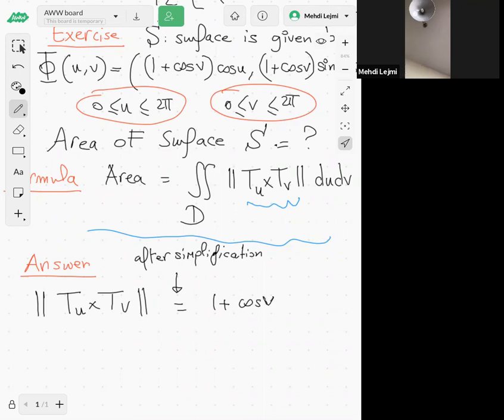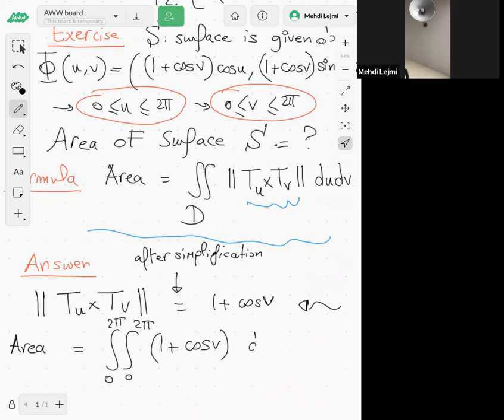I don't know if you guys got this answer, or probably you didn't have time to compute this. But anyway, if I'm not mistaken, the magnitude of the cross product would be equal to 1 plus cosine v, and then the area in this case would be, with u and v both between 0 and 2 pi, the double integral of the magnitude of your cross product, 1 plus cosine of v, du dv.